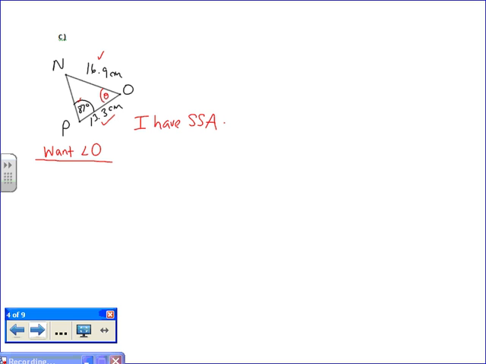And angle P is opposite from side length P, and I have both of those. So if I fill that in, there's my little p across from angle P. So what am I going to use in this case? I can use my sine law.